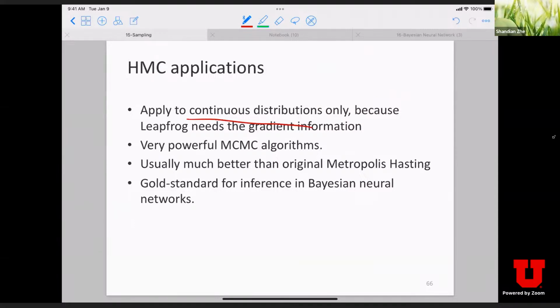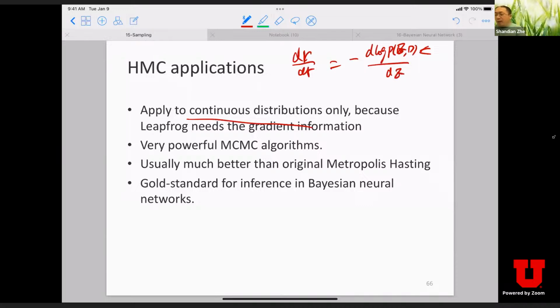Remember in our Hamiltonian system, the derivative of your momentum is the negative derivative of the log joint probability of the data and random variable z over dz. This is called the potential energy. That means z must be differentiable, meaning that z must be continuous.